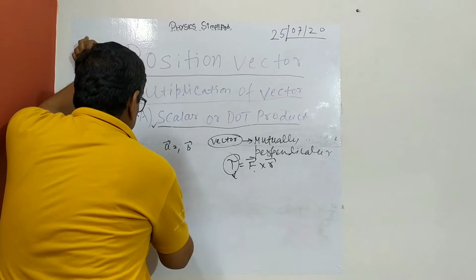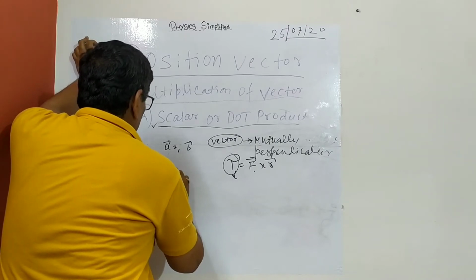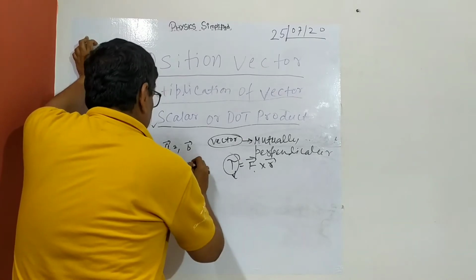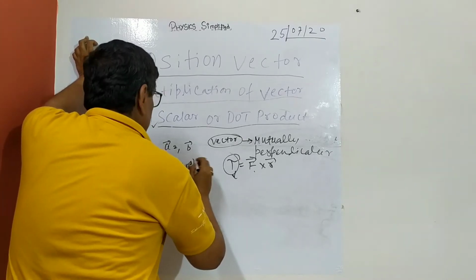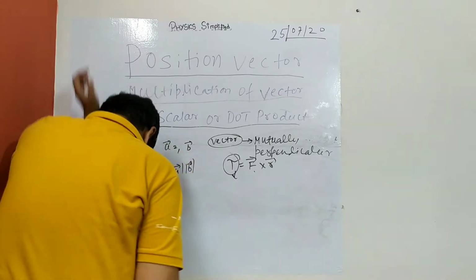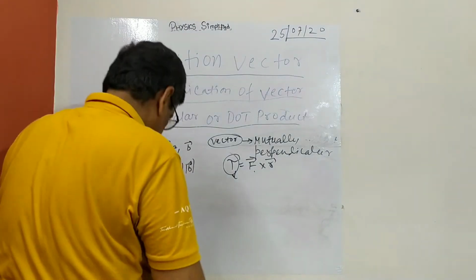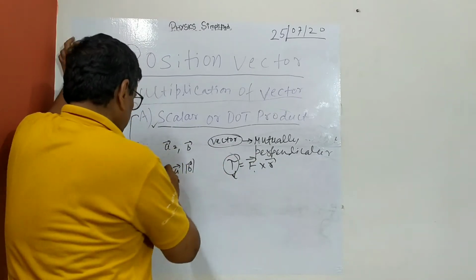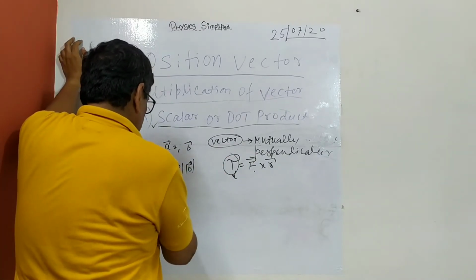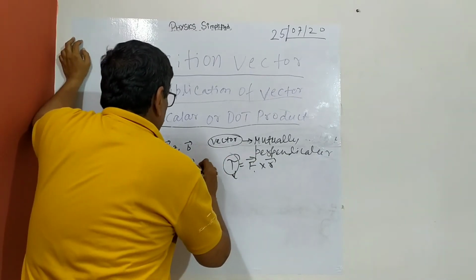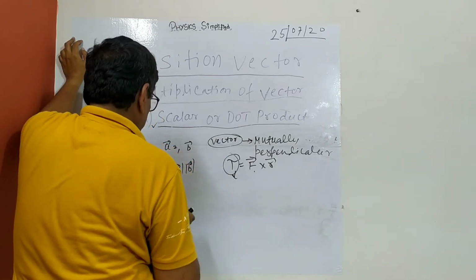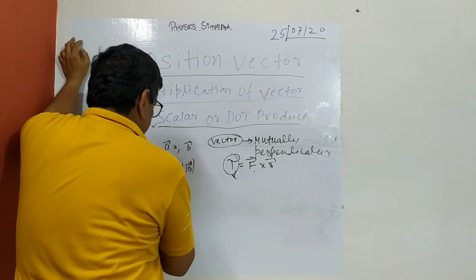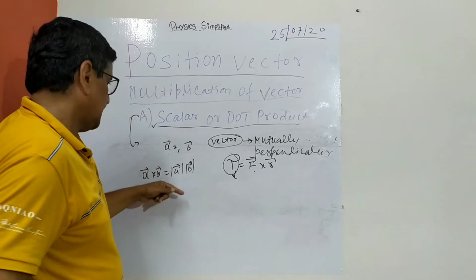We'll get A cross B equal to mod A, mod B, and then sin of the angle. So A cross B is mod A mod B sin theta. So the unit vector will be A cross B divided by mod A mod B sin theta, because that is the right angle I am talking about.